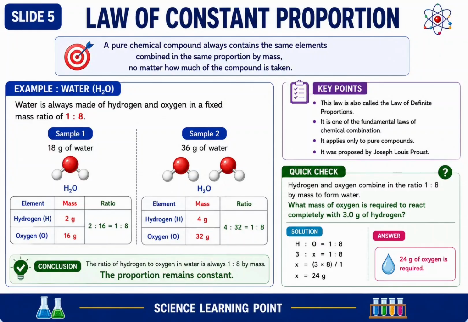If we take double the amount of water, both amounts also become double, but the ratio stays the same. It's like making lemonade. If you want the same taste, you need a particular proportion of lemon, water and sugar. In the same way, a pure compound has a fixed proportion of its elements. So remember, amount can change but proportion remains the same.